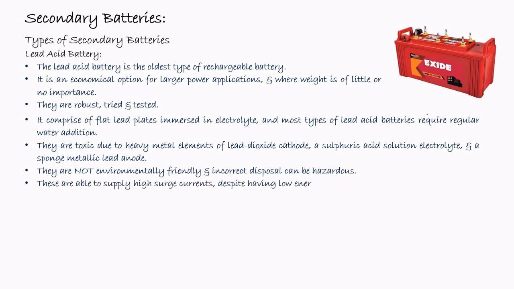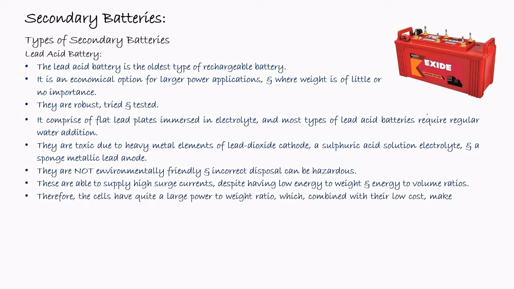These are able to supply high surge currents despite having low energy to weight and energy to volume ratios. Therefore, the cells have quite a large power to weight ratio, which combined with their low cost makes them popular for use in motor vehicles and with inverter batteries used in household applications.